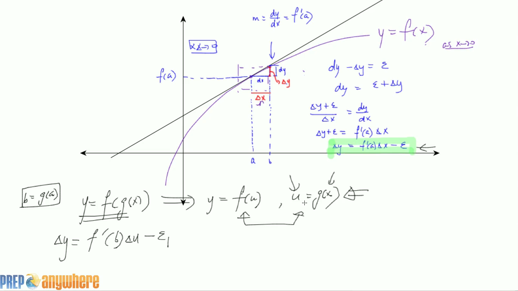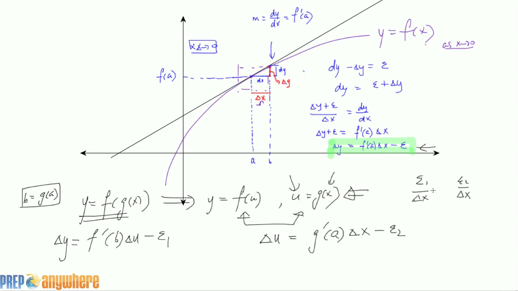So again, using the same formula, I get delta u is equal to g prime at a this time, times delta x, minus epsilon 2. Just note that both epsilon 1 and epsilon 2 are very, very small numbers.